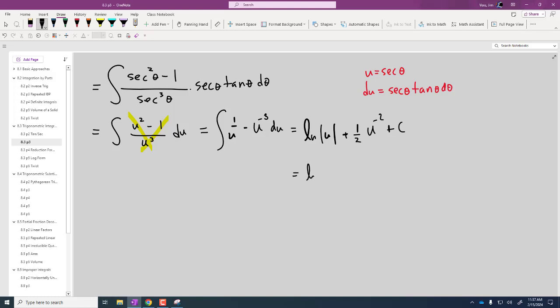And then we're going to end up with natural log absolute value of secant of theta plus 1 over 2u squared, so that's 2 secant squared, plus c.